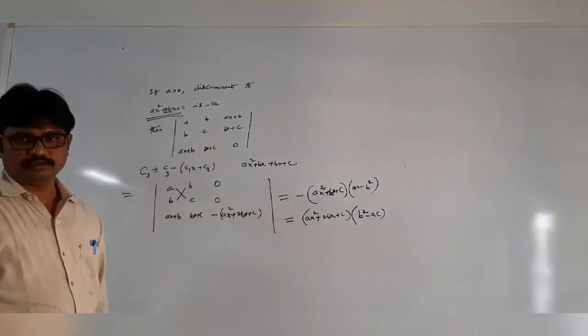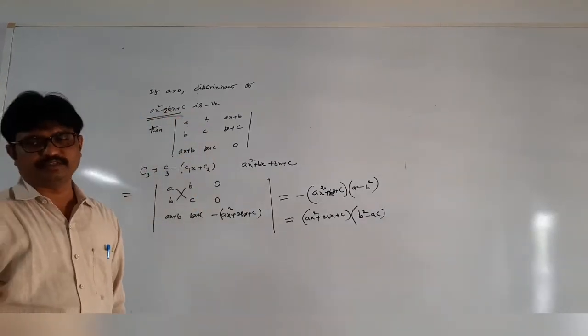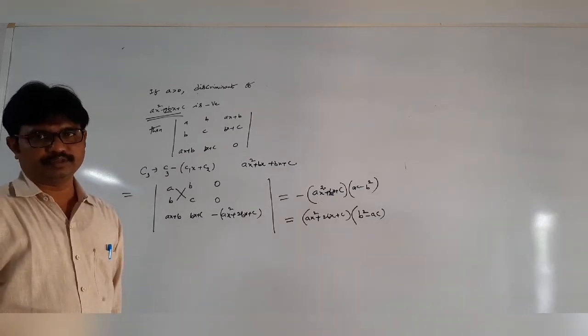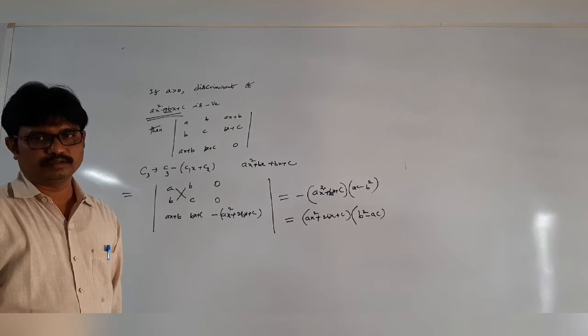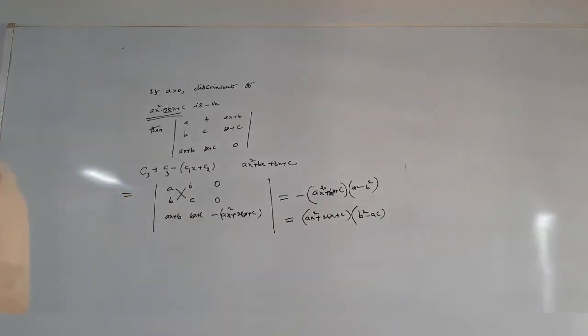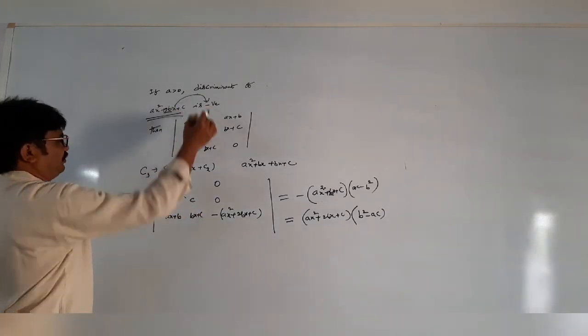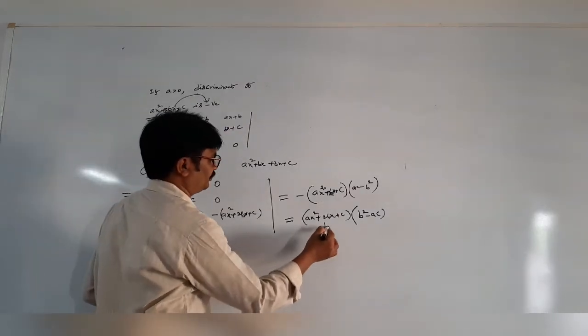This question is ax square plus 2bx plus c. Dear students, the discriminant of this is given as negative.